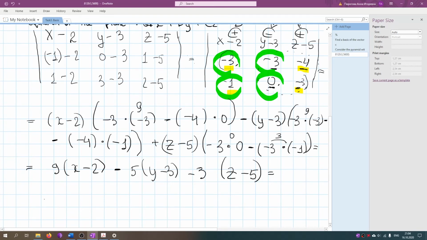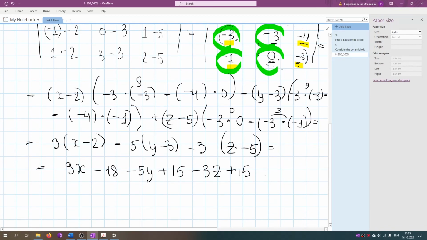So we just simplified even more, open all brackets, 9x plus 3 minus 18 minus 5y plus 15 minus 3z plus 15.